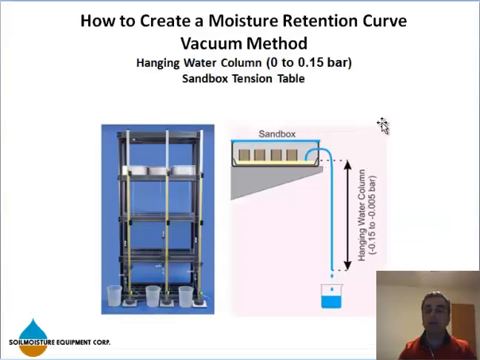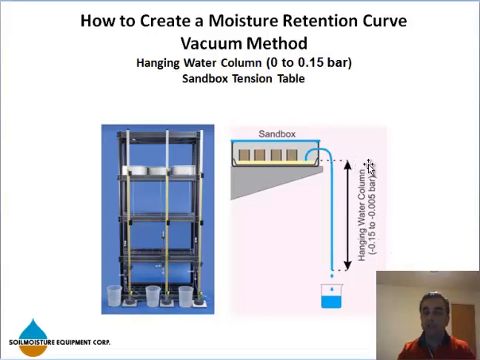You can apply vacuum using a hanging water column, which is basically just a hose or tubing filled with water. The weight of the hanging water column generates a certain amount of tension.